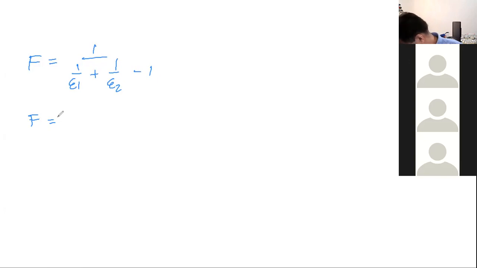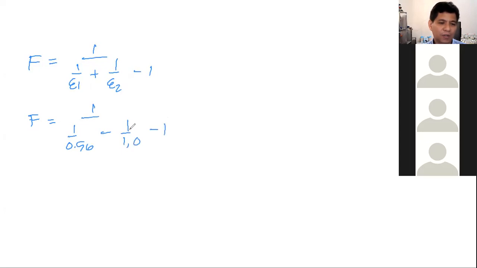Ang E1 ko ay 0.56, so 1 over 0.56. Tapos, ang E2 ko ay 1.0, tapos minus 1. Ang mangyayari dito, magka-cancel out lang yun. So, ang F ninyo ay 0.56.